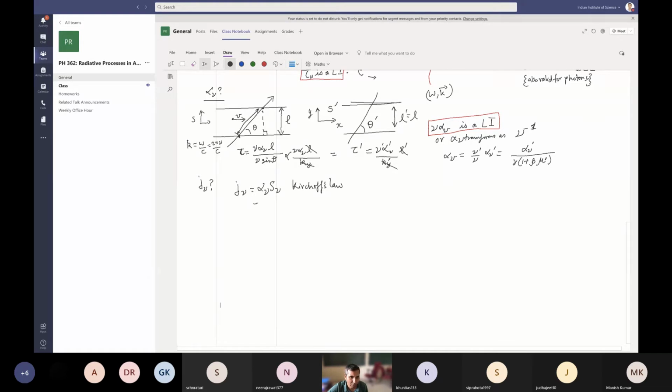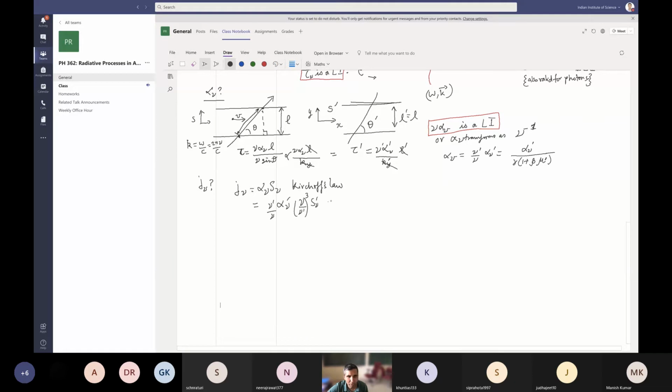So alpha nu is nothing but alpha nu prime times nu prime by nu, and S nu is equal to S nu prime times nu by nu prime cubed.